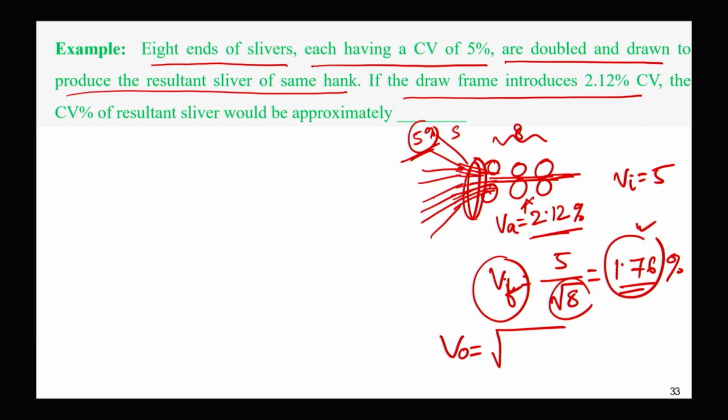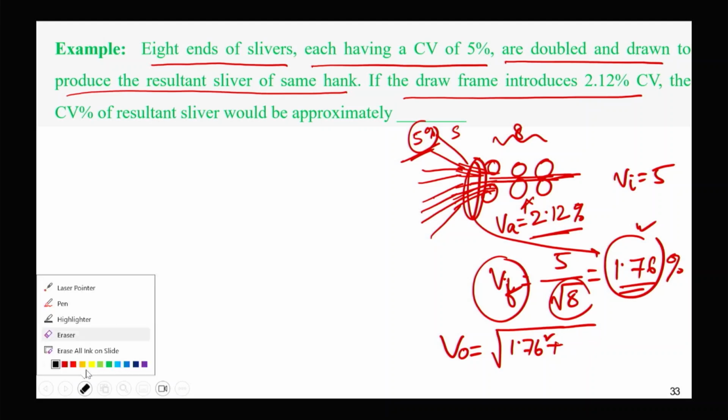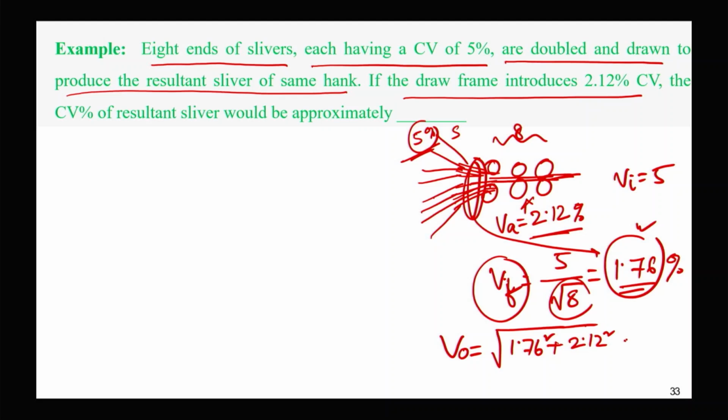So CV output material will be under root of 1.76 square plus 2.12 square. It will become 2.75.